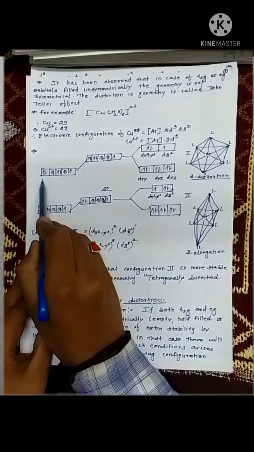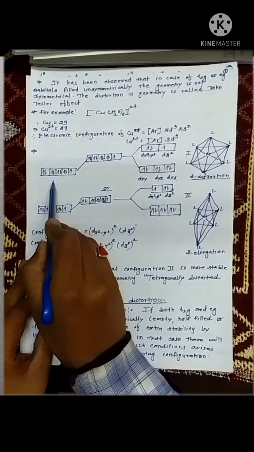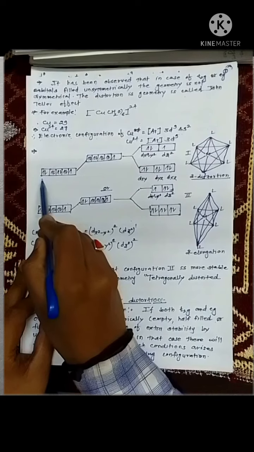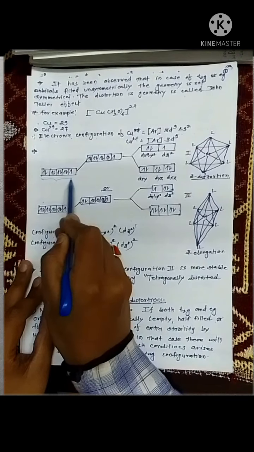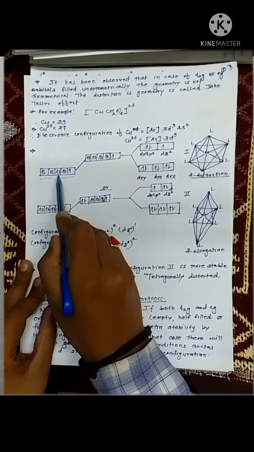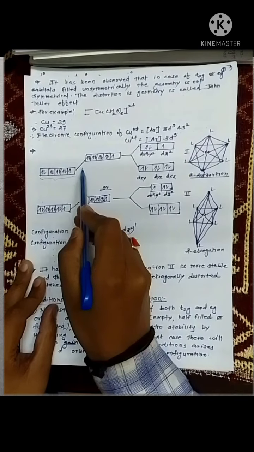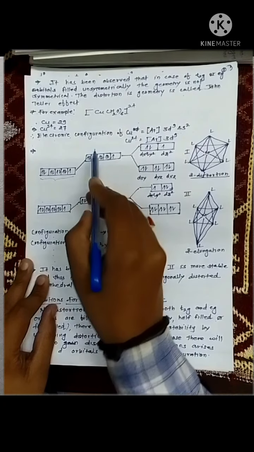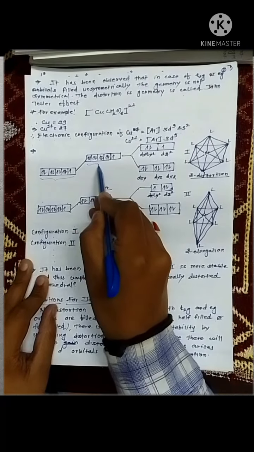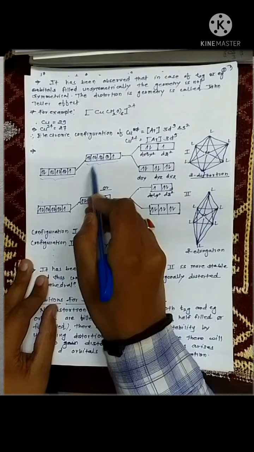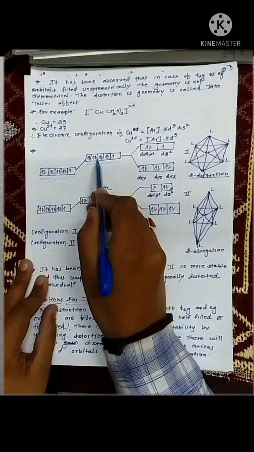Just see what happens when a ligand approaches the central metal atom. This is the 5 d orbital set which contains 9 electrons. When the ligand approaches the central metal atom, the energy of these orbitals increases, and at this stage they are in a degenerate state.